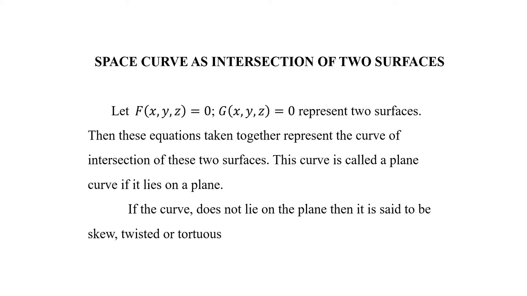Then these equations taken together give the curve of intersection of these two surfaces. This curve is called a plane curve if it lies on a plane. If the curve does not lie on a plane, then it is said to be skew or twisted or tortuous.